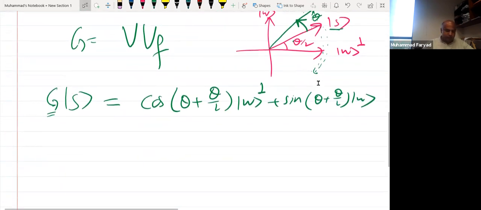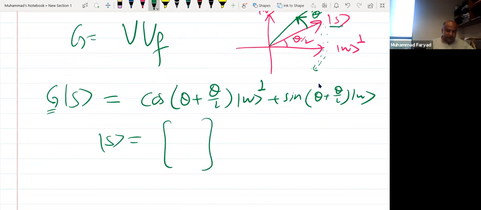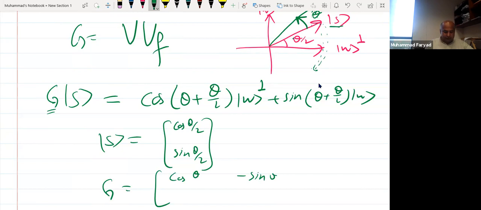So I can also express this action like this. We can express this state S as having components cosine theta by 2 and sine theta by 2 along the horizontal and vertical axis. And this G is just this rotation operator by angle theta.